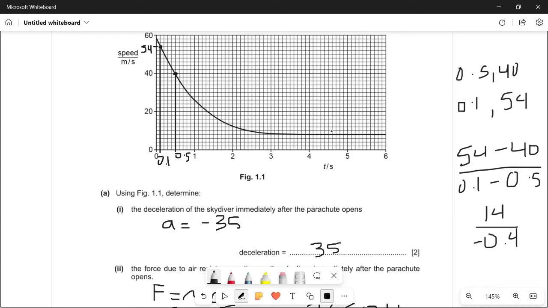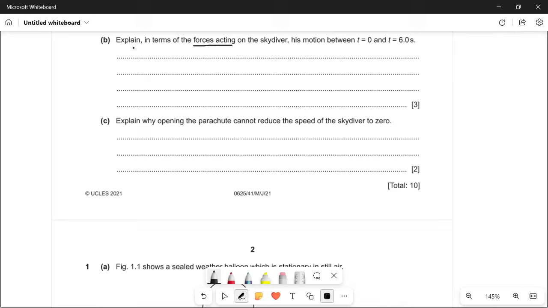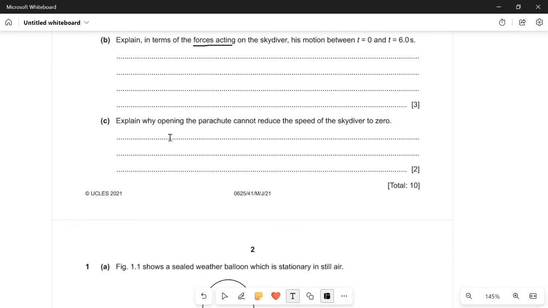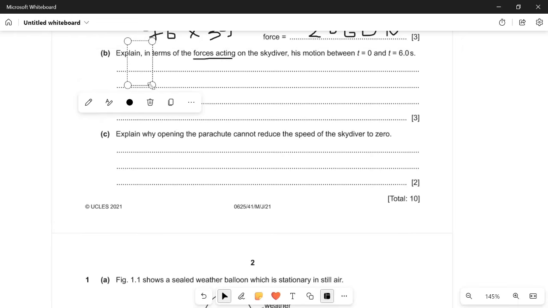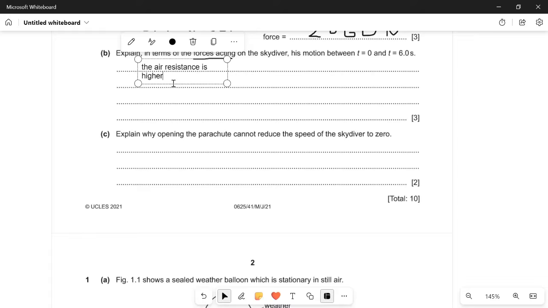So the first one is that the object is decelerating. So at that point, the air resistance is higher than the weight. So we can write, in the first moment, the air resistance is higher than the weight, or the downward force.